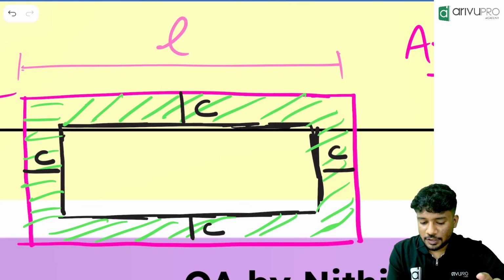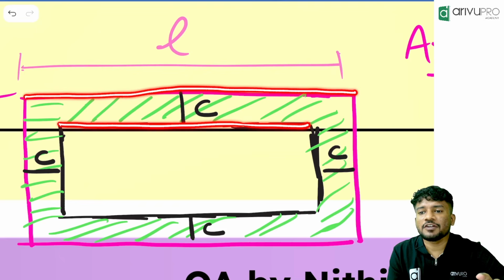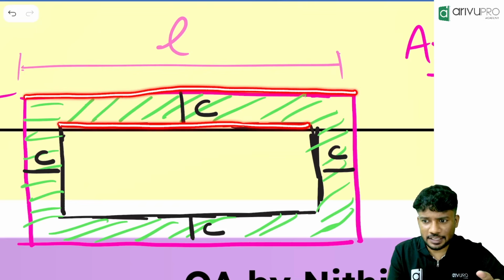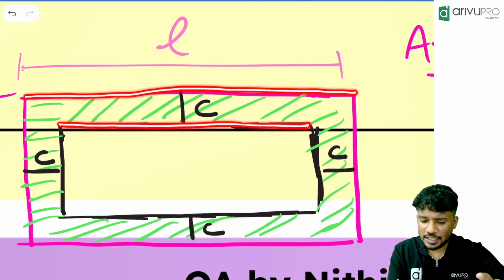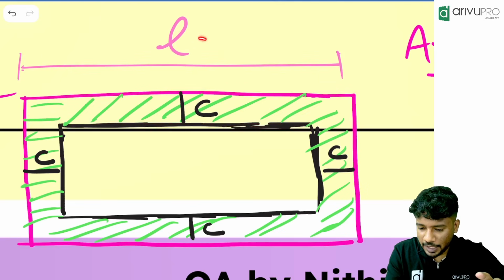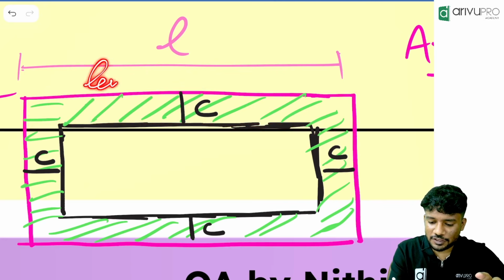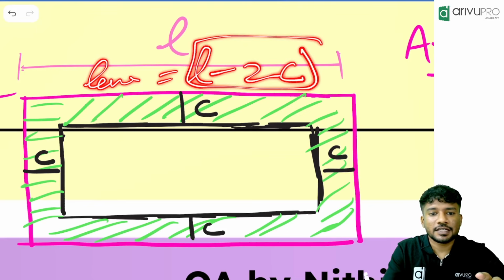So people, this is the total length of the bigger rectangle. Smaller rectangle length is this much. Can anyone tell me the length of the smaller rectangle? Can I say length of the smaller rectangle is nothing but L minus this C minus this C? So length of the smaller rectangle is L minus 2C. Is that correct?